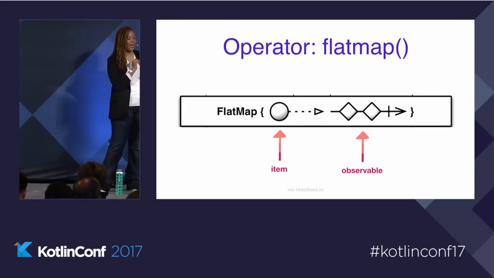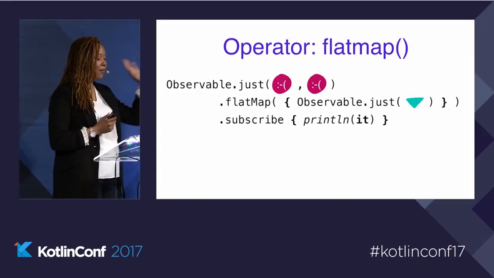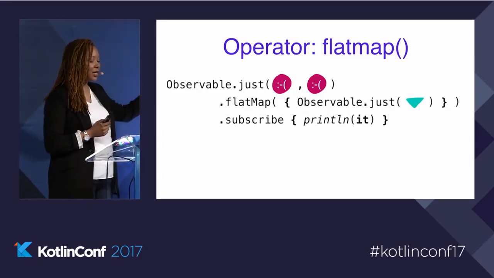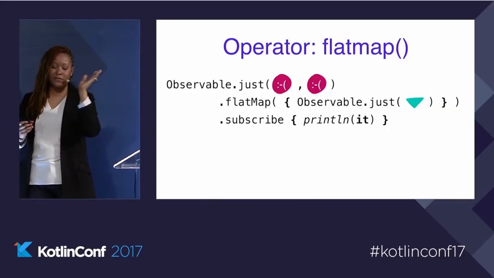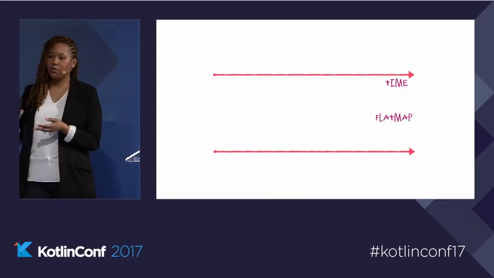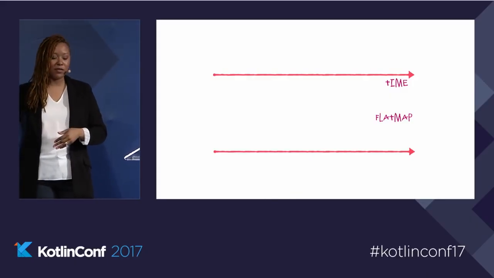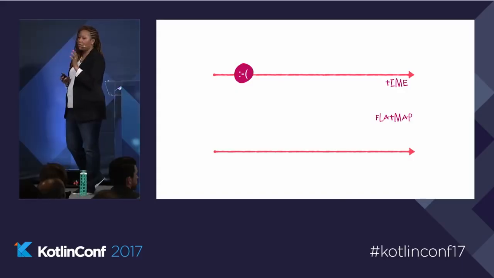So let's look at this in action. Here's our RxJava code. We're all about positivity. So whenever we're getting a frown, we're going to just flatMap that to an observable of some down arrows. Okay? So if we start out with our two observables, the source and what's going to be our result, once that subscription is triggered, it's going to get busy emitting new items, and we're going to get the first frown.